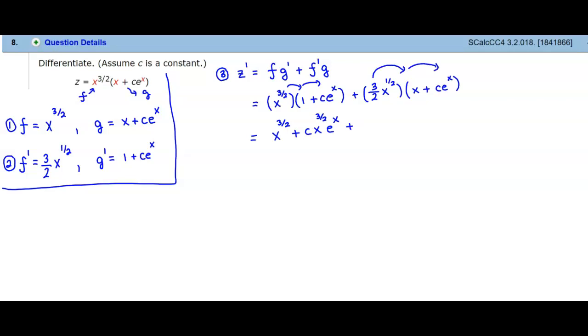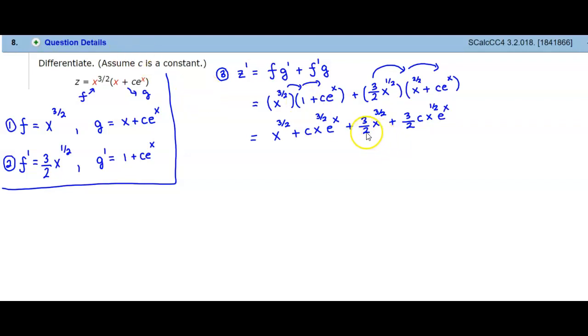Since this exponent is 1, it's the same thing as 2/2. So when we multiply that together, we're adding our exponents, which is going to give us x to the 3/2 plus 3/2 c x to the 1/2 e to the x.